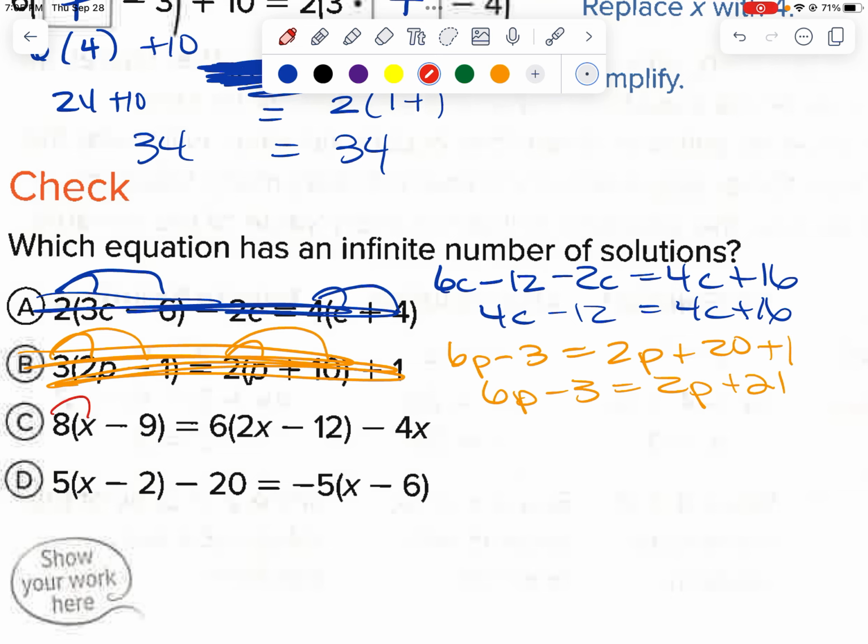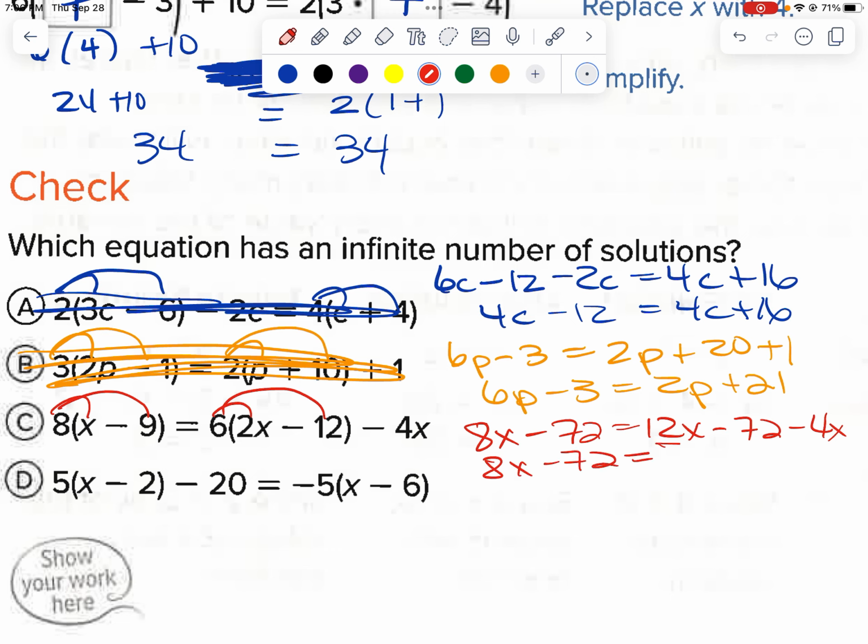Then I take 8 and I multiply and get 8x. Multiply here and get minus 72. Multiply here and I get 12x. I multiply here and I get negative 72 minus 4x. So 8x minus 72 equals, this is a like term with this, 8x minus 72. They're exactly the same on both sides. So this one is going to be an answer.